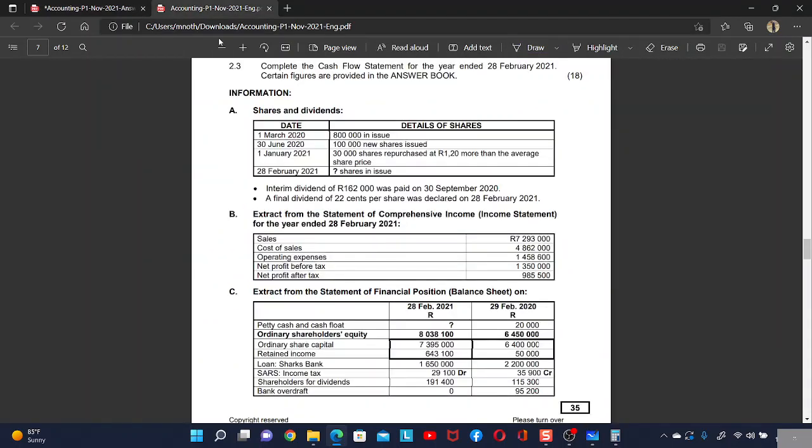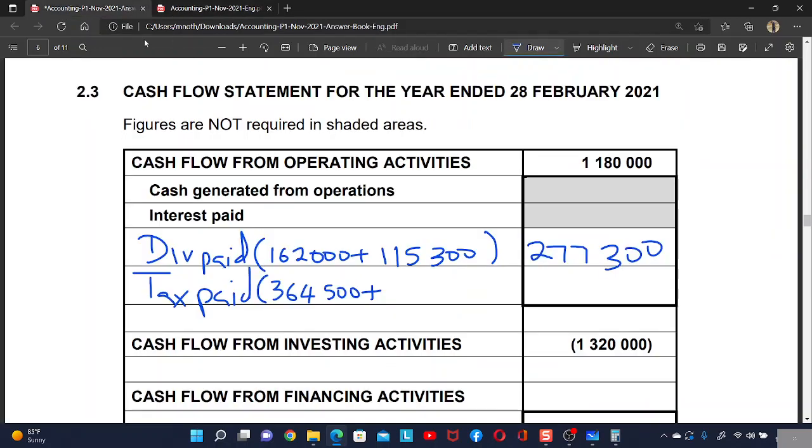Plus SARS income tax. I said we only add it. Because I said you take the income tax from the income statement, plus the SARS income tax, the closing balance of the previous year. We add it if it has a credit balance. But if it has a debit balance, we subtract it. So plus 35,900.